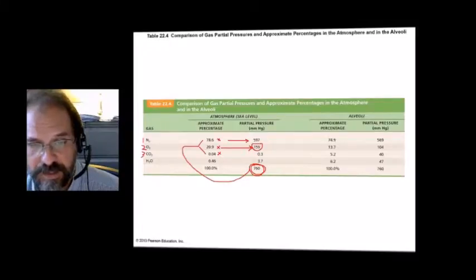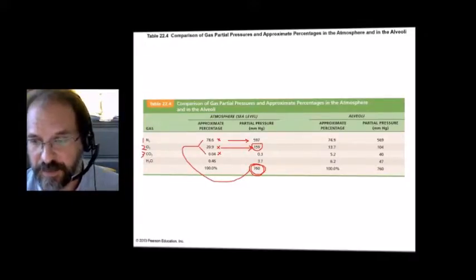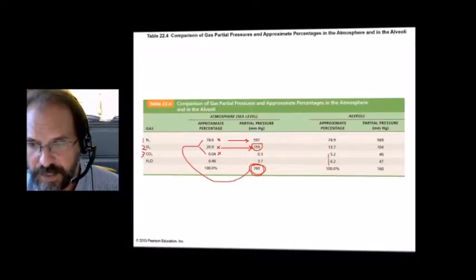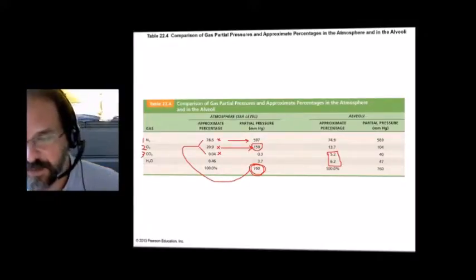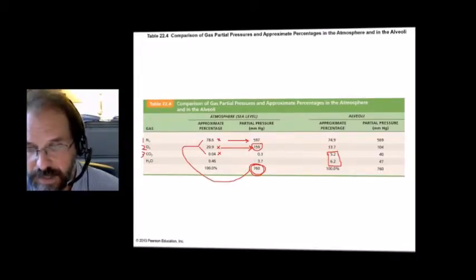Oxygen's at 21% in room air, but when we breathe it into the alveolar space, it's at 13.7%. Partially because we're taking that oxygen away all the time, but also mostly because we've diluted it with these two. Okay. This is a fixed volume of gas, and so if you add other gases to your mixture, it's going to effectively reduce the percentage of the ones that were already there.